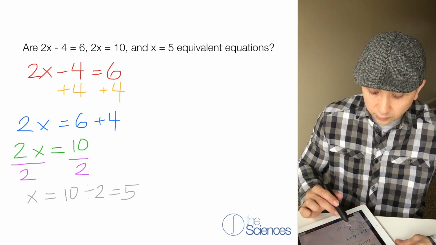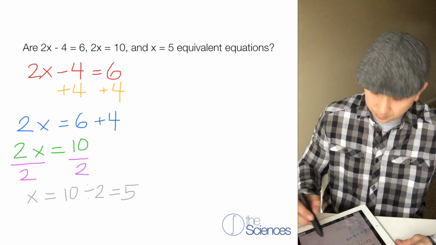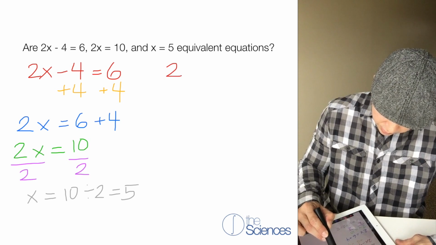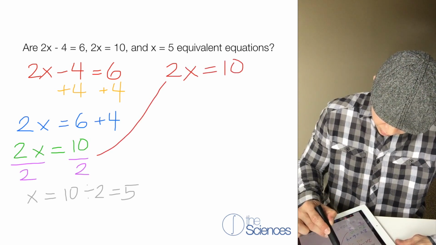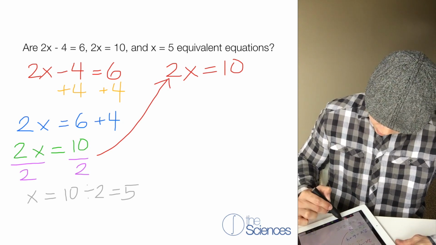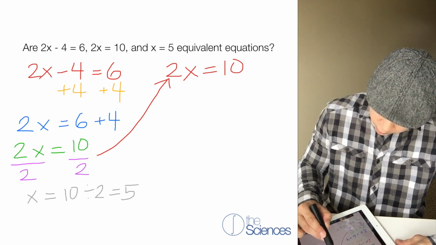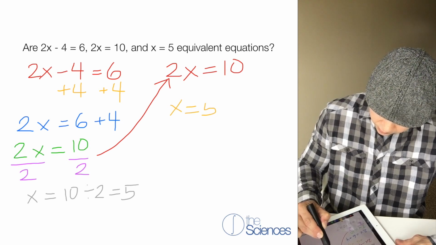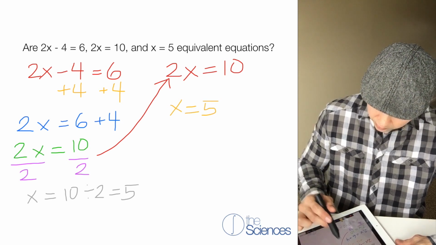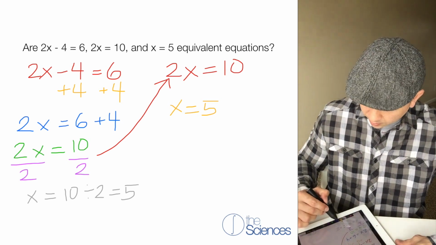So now let's solve 2x equals 10. So here we have 2x equals 10. Well, that's kind of like the same thing from here. And we know that 2x equals 10 is the same as x equals 5. So the answer is yes.